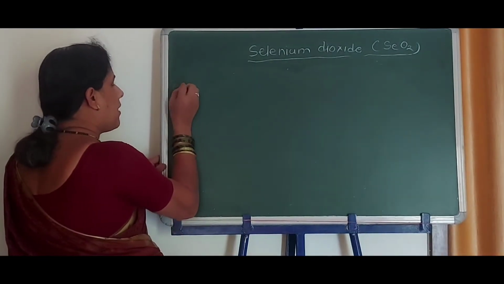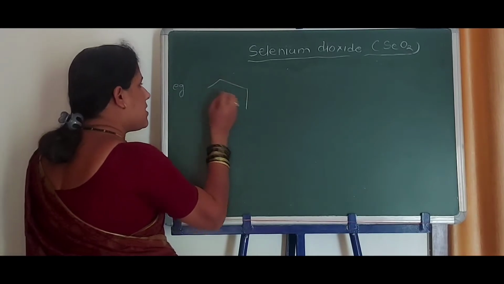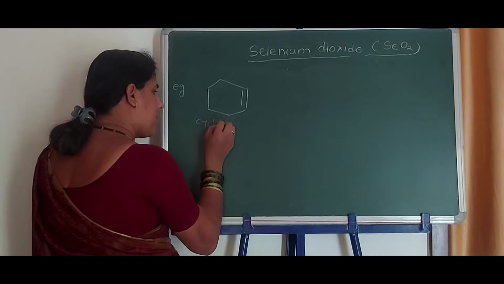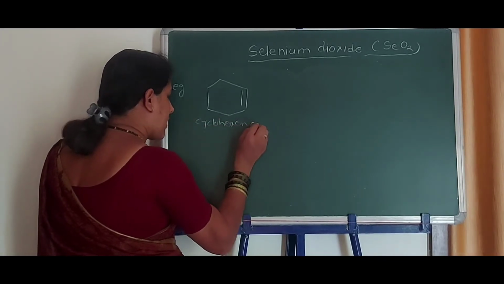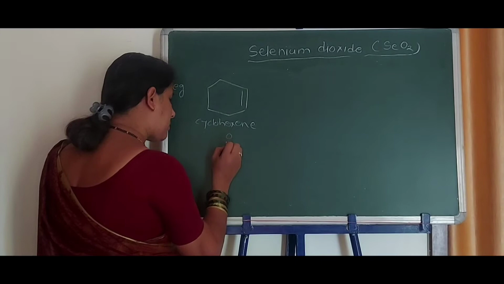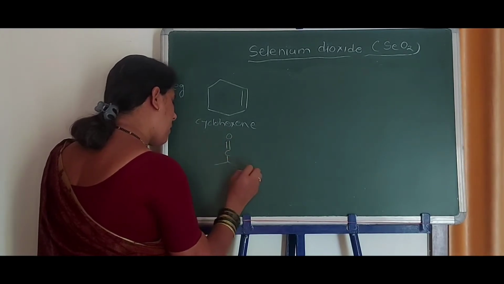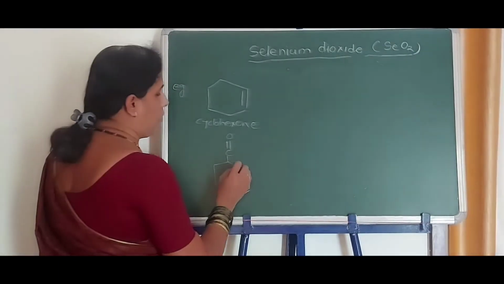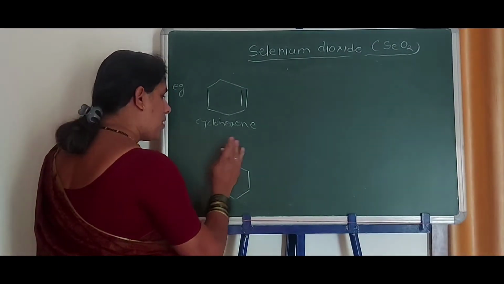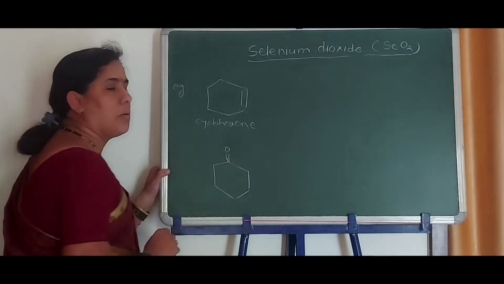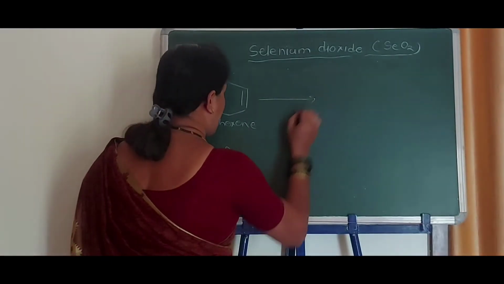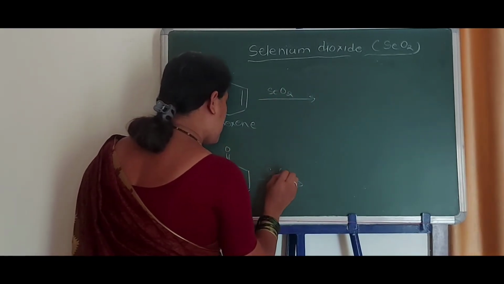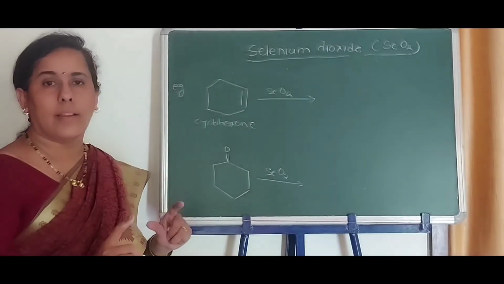Let us take the examples. The first one is cyclohexene, and another one is cyclohexanone, C double bond O. Whatever compounds of this type undergo, you must take care of this.